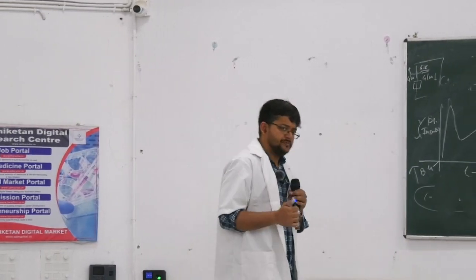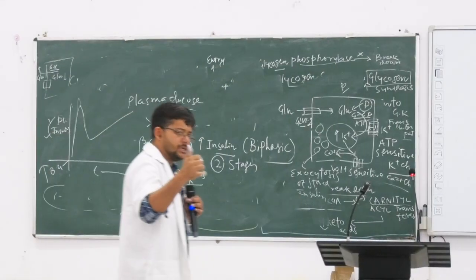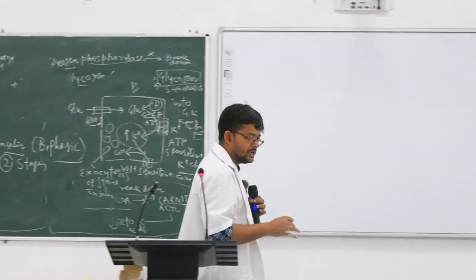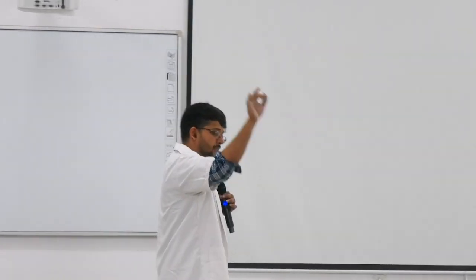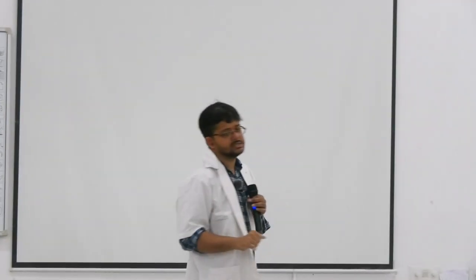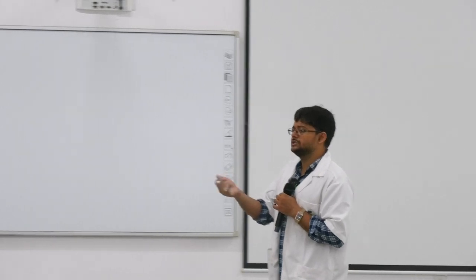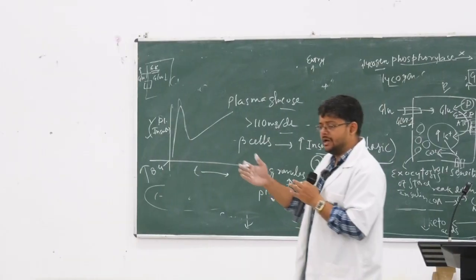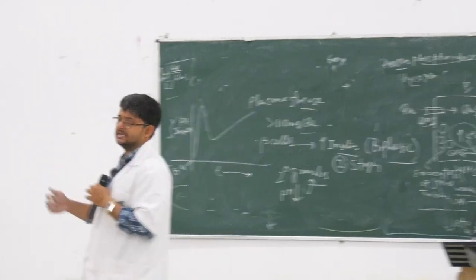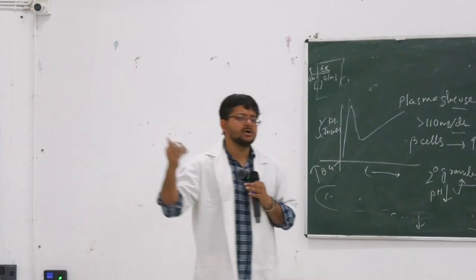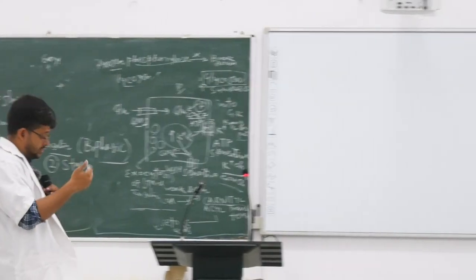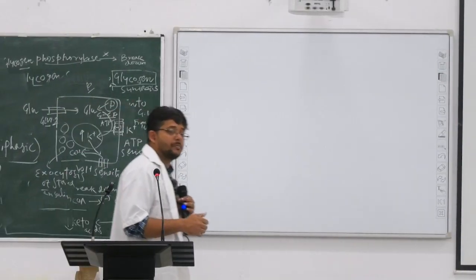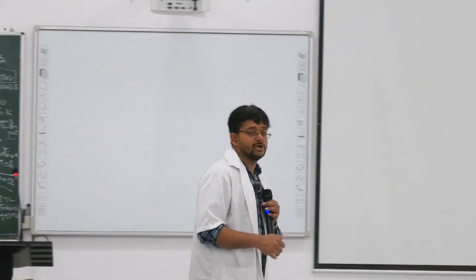So beta cells have GLUT2 present, which is independent of insulin and dependent on the transmembrane glucose gradient. Whenever blood glucose is increased, the transmembrane glucose gradient increases. As that increases, extra glucose gets into the beta cell of the pancreas through the GLUT2 transporter.